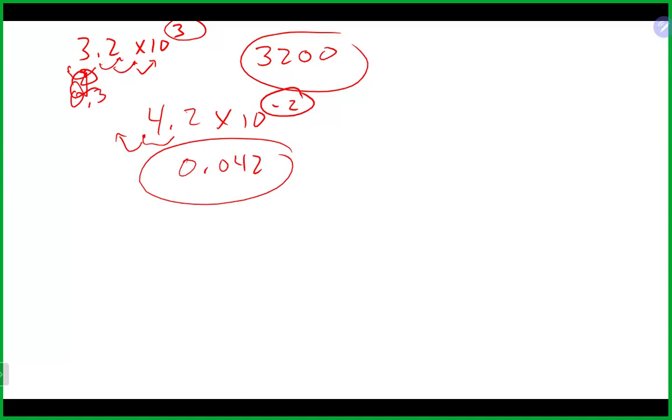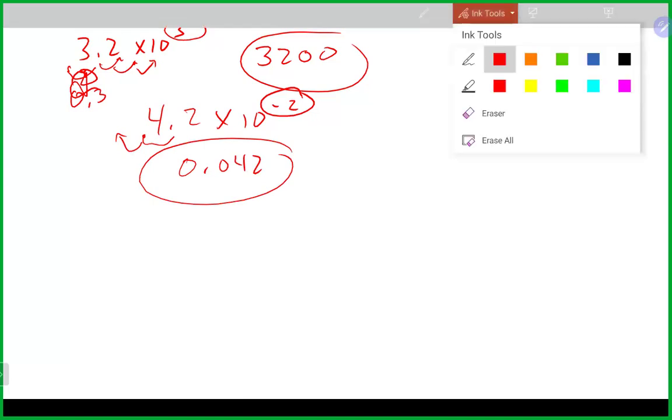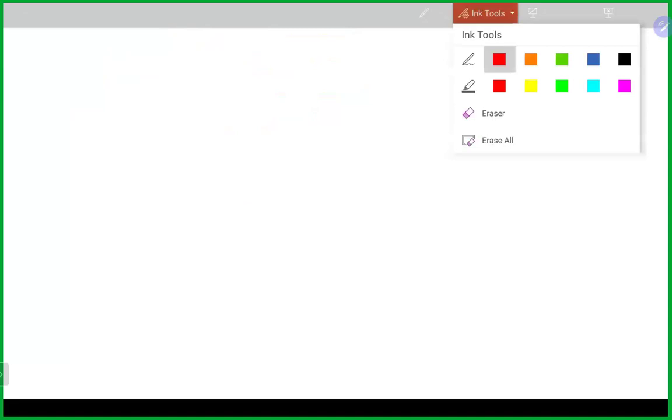But in addition to obviously knowing how to do that, what I was actually saying before is the more important thing is knowing how to properly use your calculator when you want to put a number in scientific notation. And for the most part, most people do not know how to properly do that, and they use all kinds of weird buttons on your calculator, and you'll end up with the wrong answer in a lot of cases.